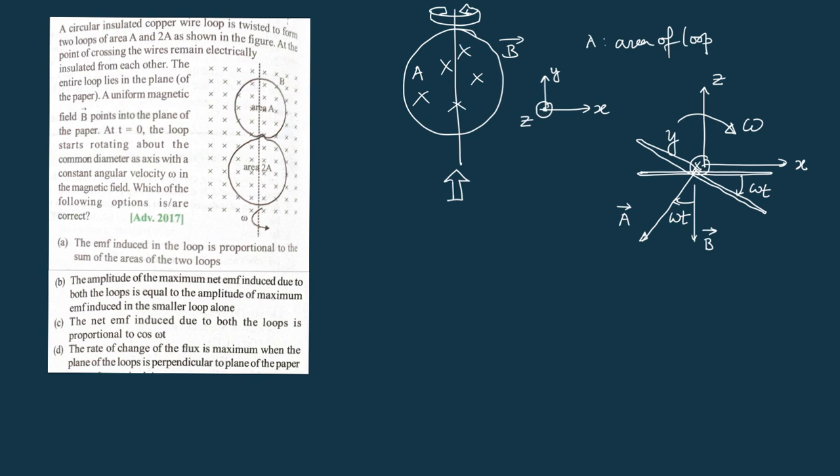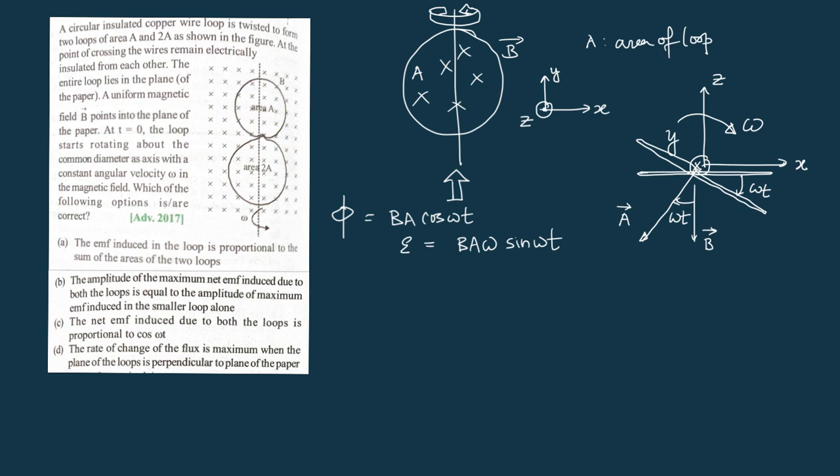So the flux through the loop is B dot A, that is BA cos omega t. So the induced EMF in the loop is minus d phi by dt, that is BA omega sin omega t. That is the induced EMF in the loop. That means there is an equivalent current in the loop. And if you see in the figure, whenever this is rotating, then this cross flux is decreasing.